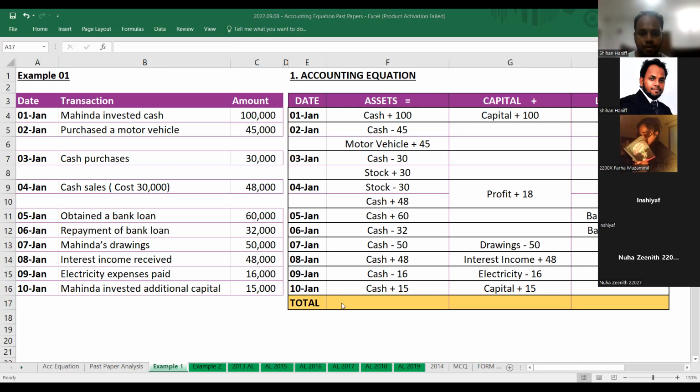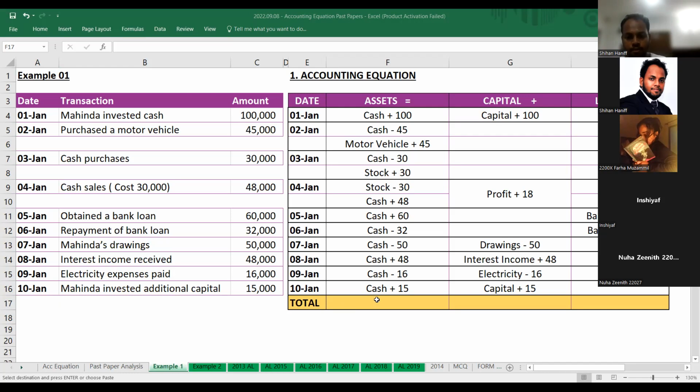Okay, so let's calculate the total assets. Okay, I got a few answers. Assets 143, yes. Right, good.